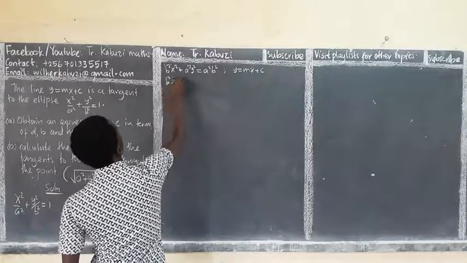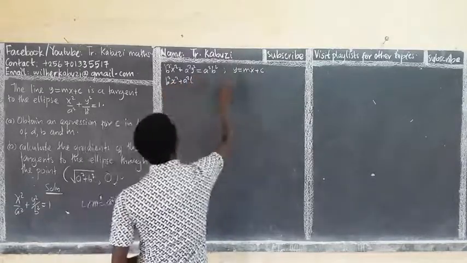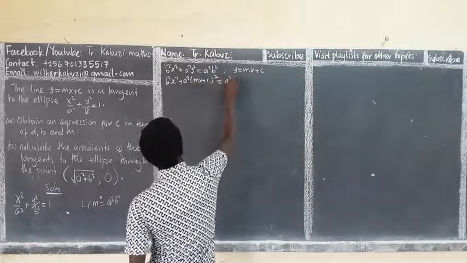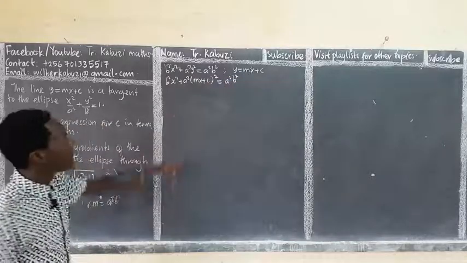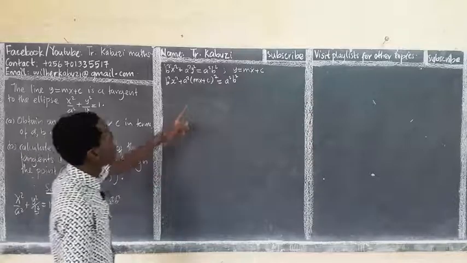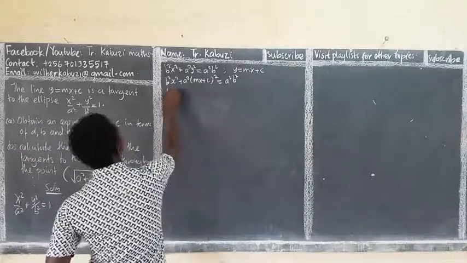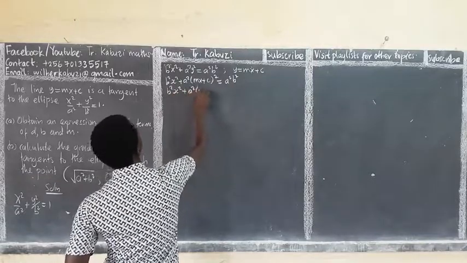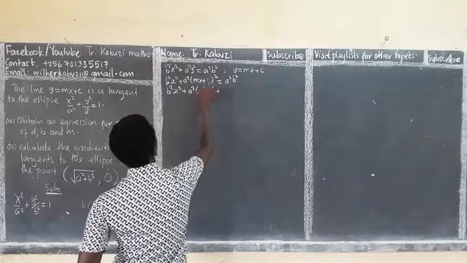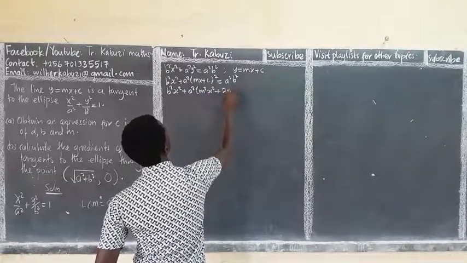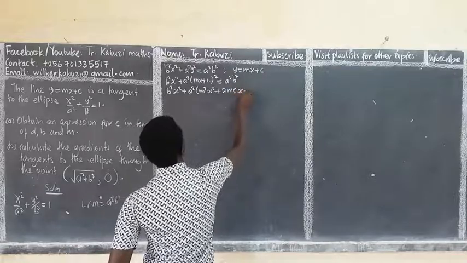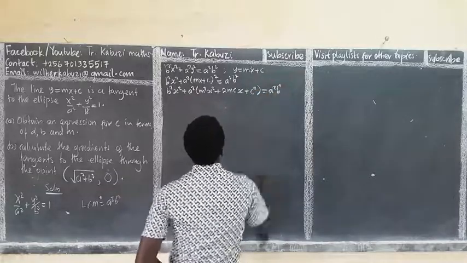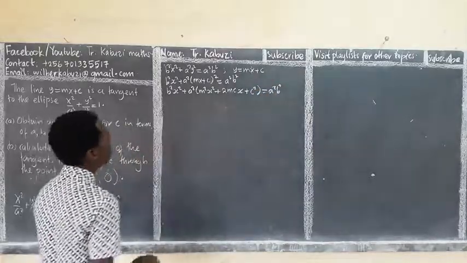So b squared x squared plus a squared times the square of y, with y substituted, equal to a squared b squared. Then we form a quadratic in terms of x. We first expand the bracket, which gives the square of mx, then 2mcx, then c squared.